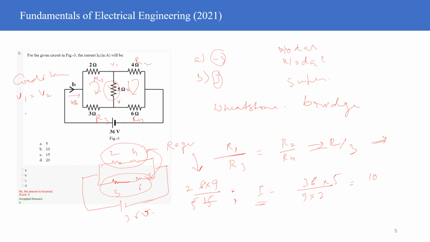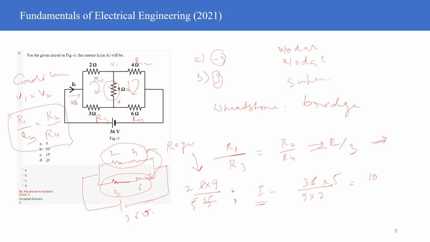That condition turns out to be when R1 by R3 is equal to R2 by R4. So you do the same thing: the mesh analysis over here, and figure out the condition under which V1 will be equal to V2. You will come up with this particular end case, and that implies that no current is flowing in this particular circuit if V1 is equal to V2. So you can simply remove that. This is how you proceed.